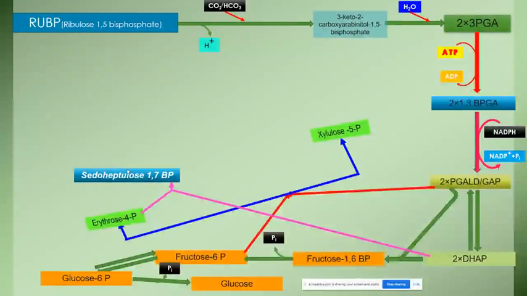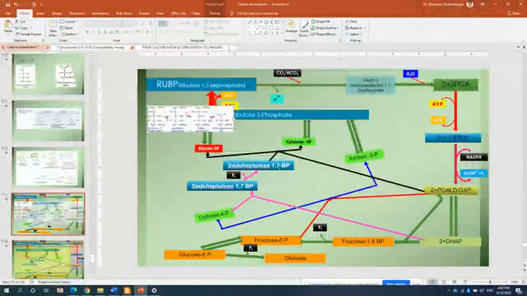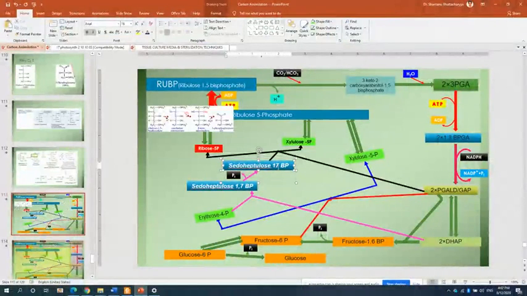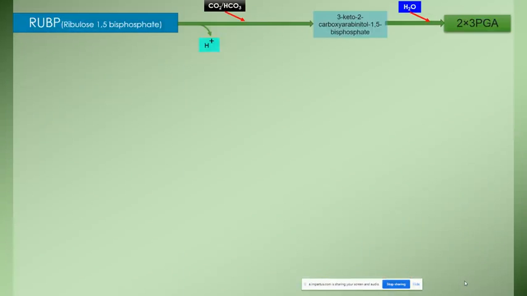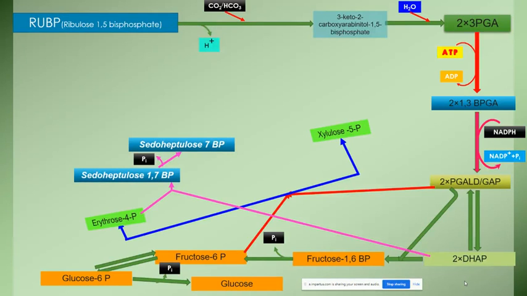Next, one phosphate will be removed. Sorry, I made a mistake. This will be pseudoheptulose 7-phosphate.